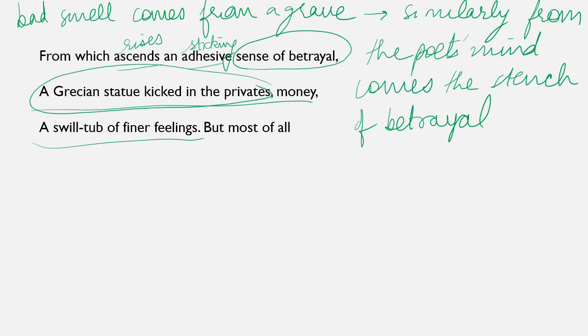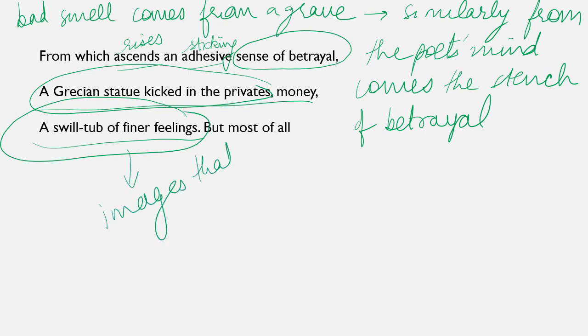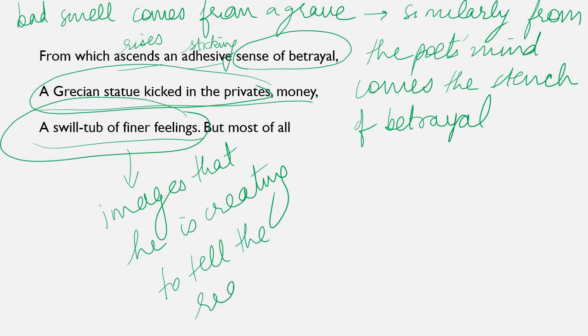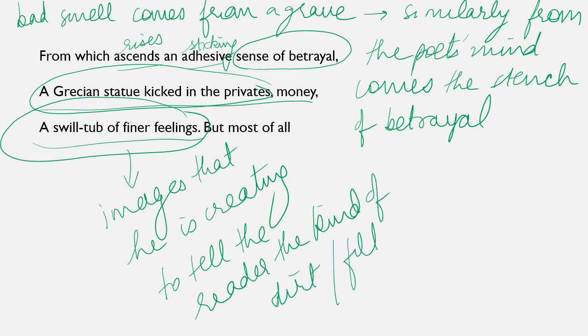These terms are just images that he is creating to tell the reader the kind of dirt or filth he carries in his mind. उसका दिमाग कितनी गंदगी से भरा हुआ है, यही बताने के लिए वो इन इमेजेस का यूज कर रहा है. इनका अपने आप में कोई मीनिंग नहीं है, बट अल्टीमेटली दे आर इमेजेस.